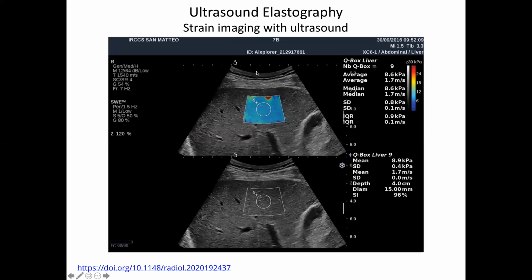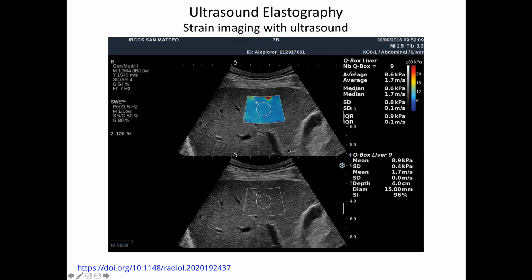Here, this is that previous example we were looking at in liver, where a shear wave is coming through this liver and you're measuring the speed of that shear wave, which is this color here. Because the velocity and the modulus are totally connected, here it's like 1.7 meters per second.